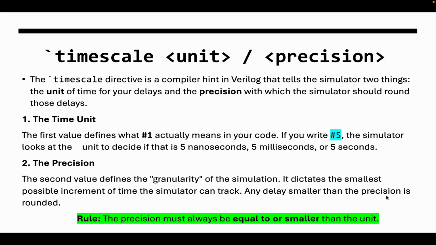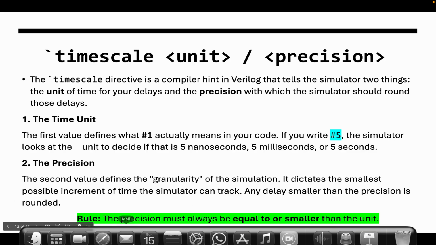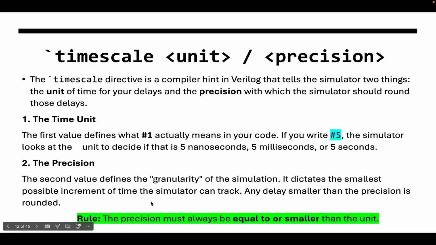Any delay smaller than the precision is rounded. One thing you have to keep in mind: the precision must always be equal to or smaller than the unit. If the unit is 1 nanosecond, here you can write 1 nanosecond, but you cannot go larger than that, like microseconds. You have to go down to picoseconds.